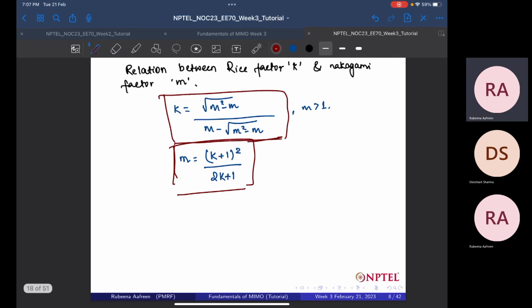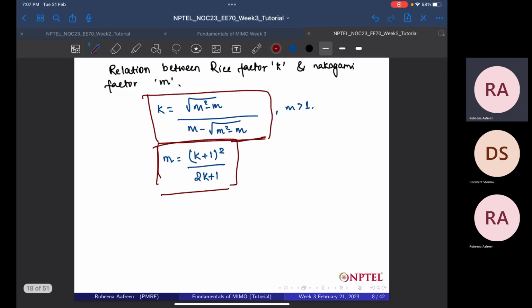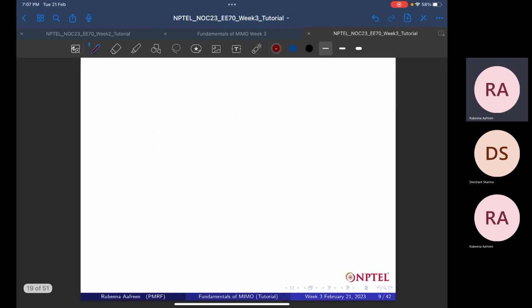So in Nakagami distribution, only these two concepts are important. These will solve mostly your questions because nobody asks questions from the probability distribution function.